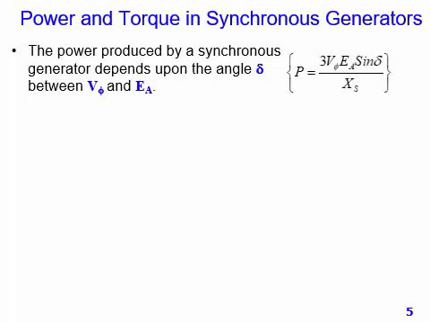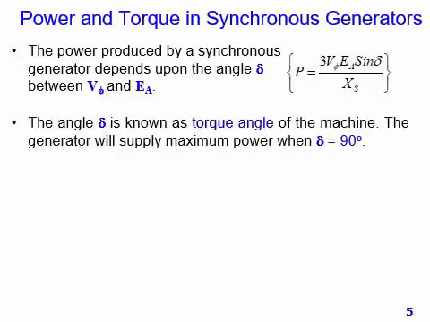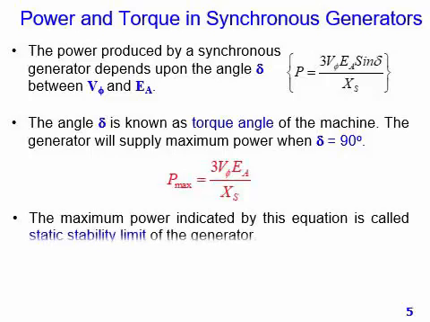The power produced by a synchronous generator depends upon the angle delta between V phi and EA.